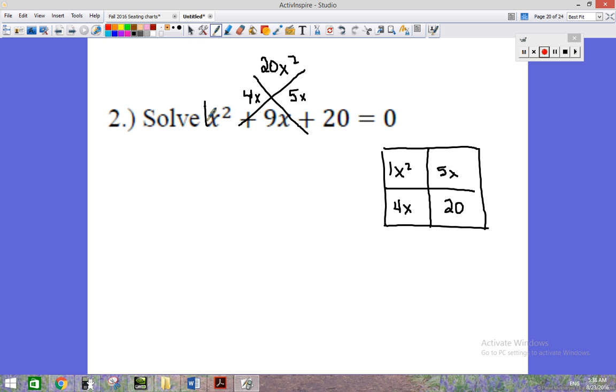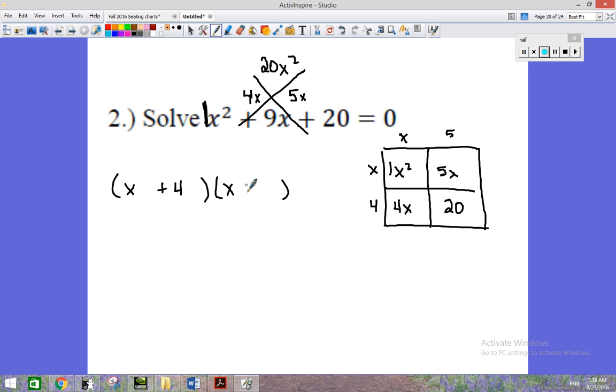But every time this leading coefficient is a 1, you're always going to get x times x right there, and when we look here, we're always going to get the coefficient and the coefficient of the other.